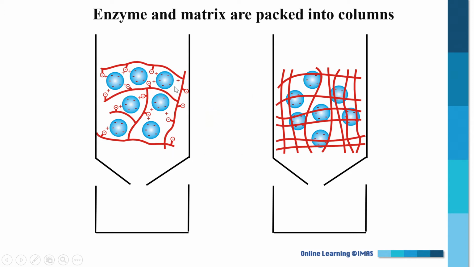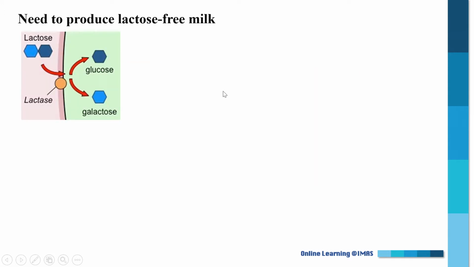Okay, I give you an example here using lactase. Some people have what we call lactose intolerance. They cannot digest lactose when they drink milk, because, as you know, milk contains lactose, the sugar. That's why when you drink milk you feel some sweetness that comes from lactose.